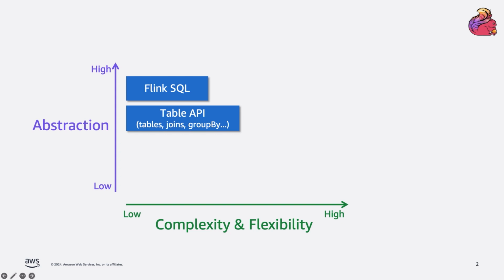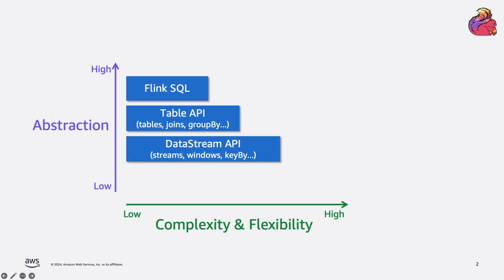It may be that these levels of abstraction are too simple for your stream processing logic, in which you don't need to work with the events as a table, but actually as a stream of continuous records. Here is where we have the Data Stream API, in which you work with streams of events where you can perform transformations, aggregations, group bys.